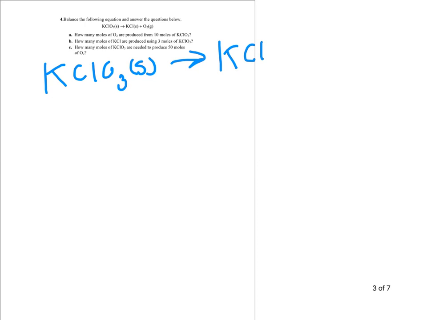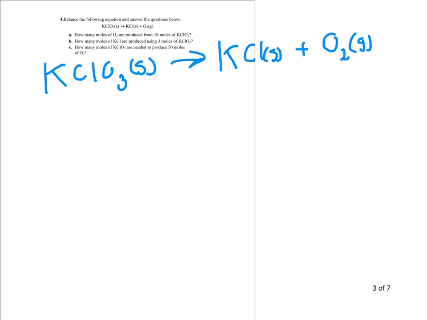Number 4, balance the equation, so we'll first do that. I'll write KClO3 solid breaks down, a decomposition reaction here, to form KCl solid plus O2 gas.